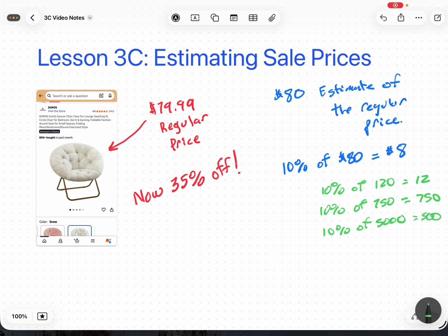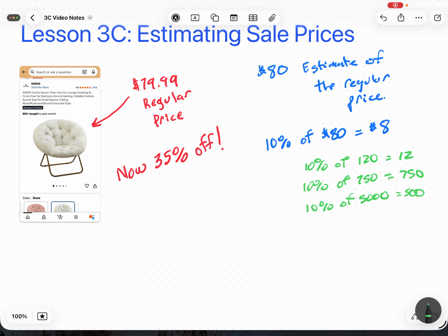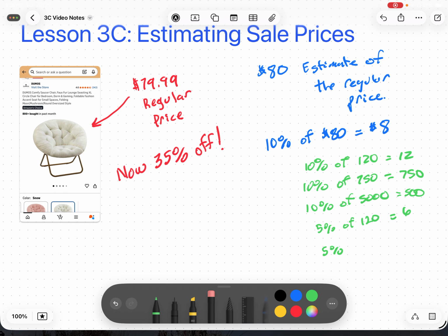In fact, once we find 10% of a value, it's pretty easy to get 5% by just cutting those numbers in half. So I can do mentally 5% of 120. I just do half of 12. That's 6. Oops, it looks like I made a mistake earlier: 10% of 750 is just 75, not 750.